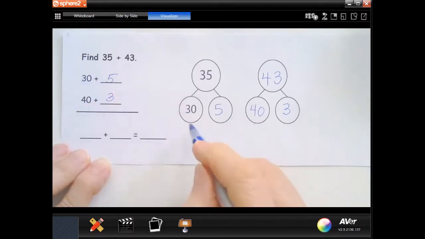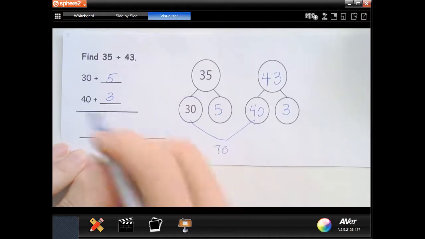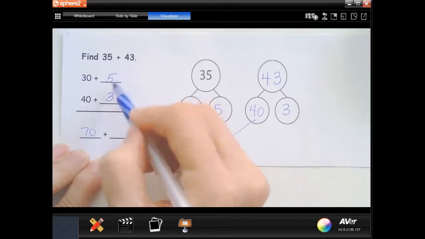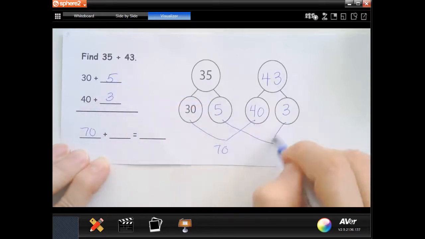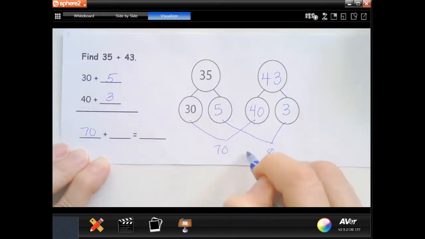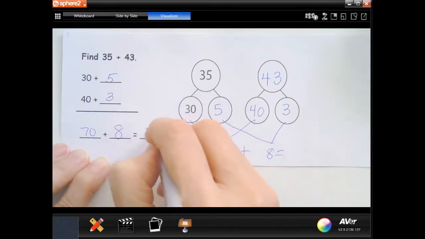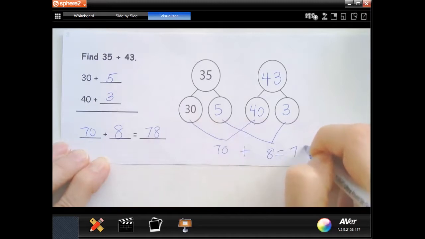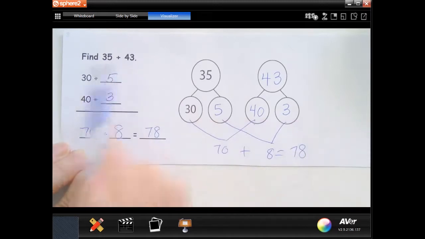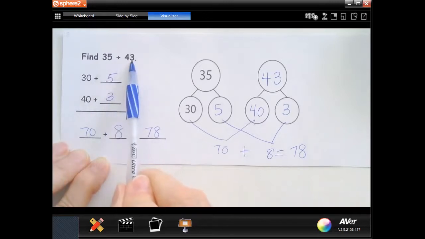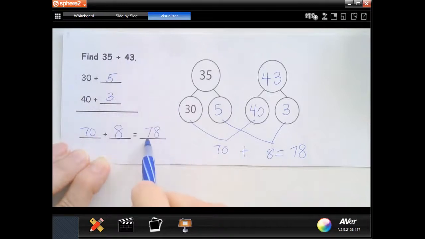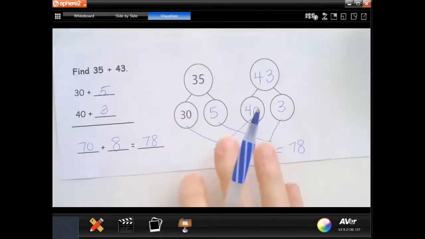So what is 30 plus 40? 70. What is 5 plus 3? 8. Oh, no regrouping. 70 plus 8 equals 78. So 35 plus 43 equals 78. 5 plus 3 equals 8. 3 tens and 4 tens equals 7 tens, 78. Nice job.